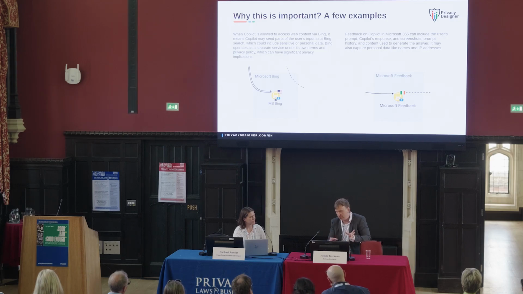Once you identify these, you just need to assess whether you have a lawful basis to disclose this data to Microsoft, because for Bing and for the feedback functionality, at least the last time I checked, Microsoft still acts as a data controller, so if it's personal data, you need to have a lawful basis to disclose it to Microsoft.